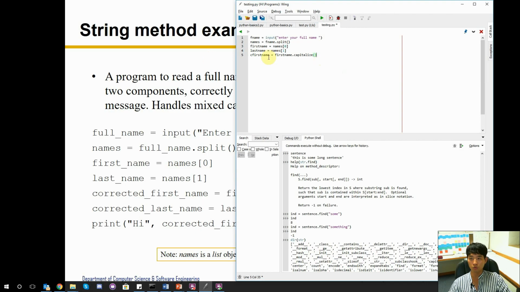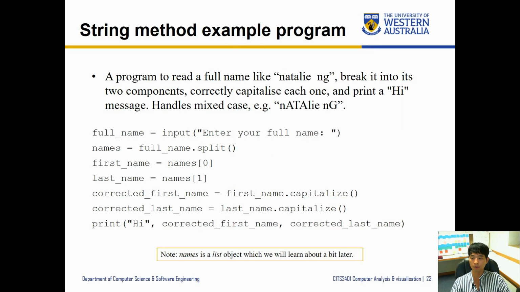And then we're going to do the same for the last name. Last name dot capitalize. Then we can finally print hi, and then corrected first name, corrected last name together. Okay, and we don't have to do anything else for that.